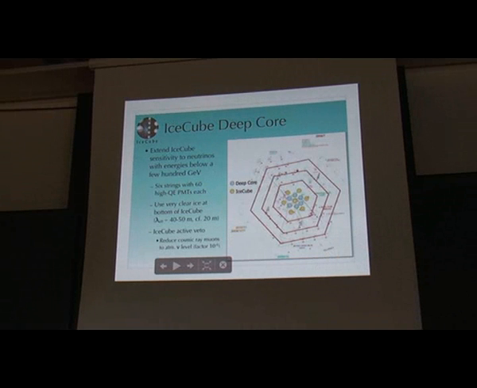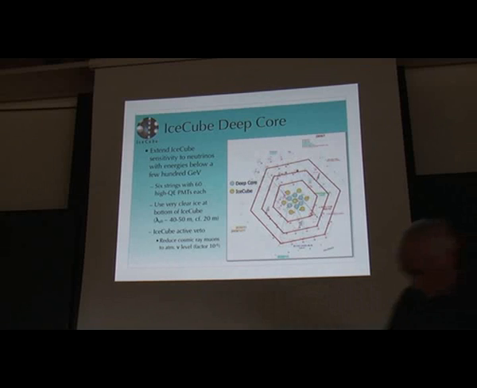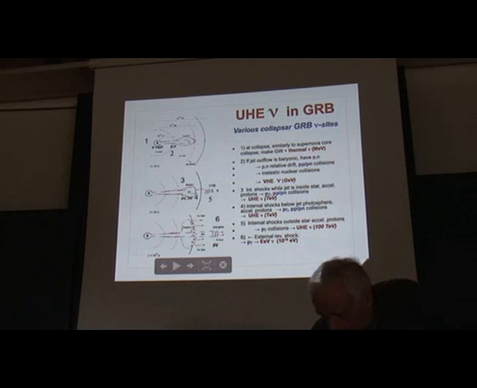Typically the threshold for the setup of these tubes is about 100 GeV, but there is a second component, the so-called deep core, which is going to be put further down and more closely spaced, so you can get the threshold down to about 15 or 20 GeV. So one of these strings is already down, and I expect to have the rest down.